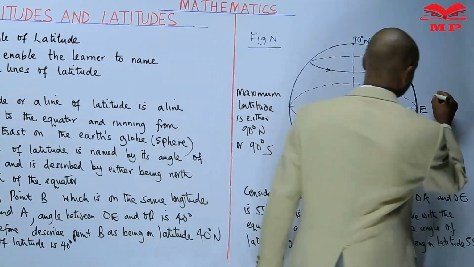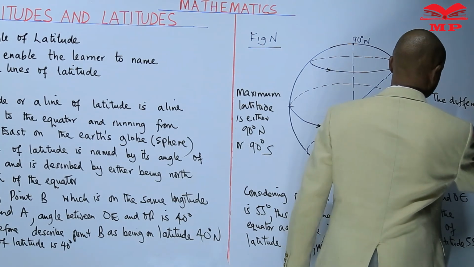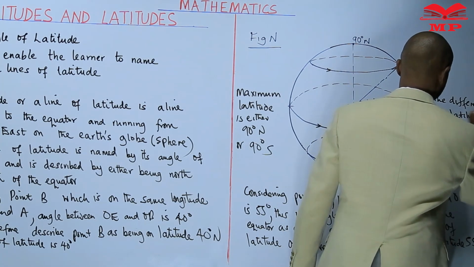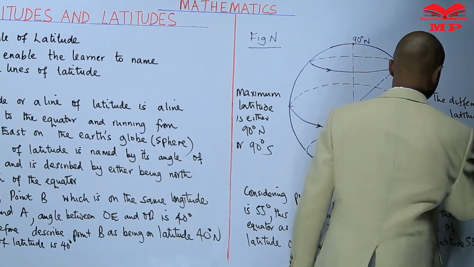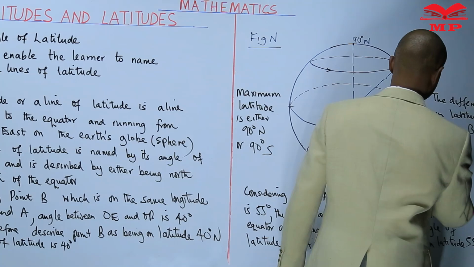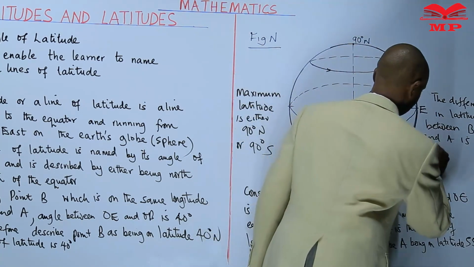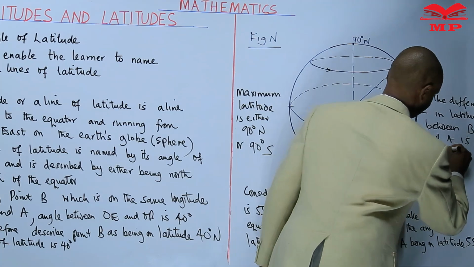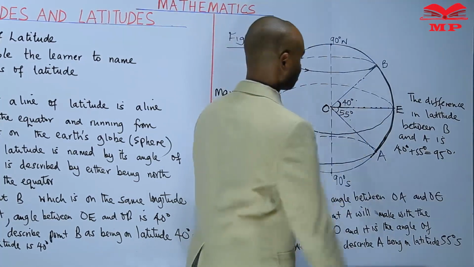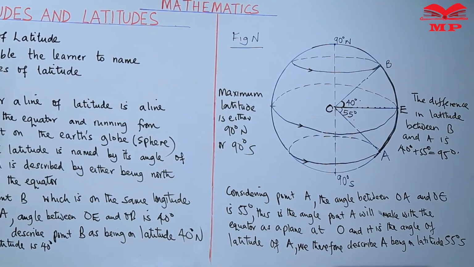The difference in latitude between B and A, you add the angles, 40 degrees plus 55 degrees, which gives us 95 degrees, because they are on opposite sides of the equator.